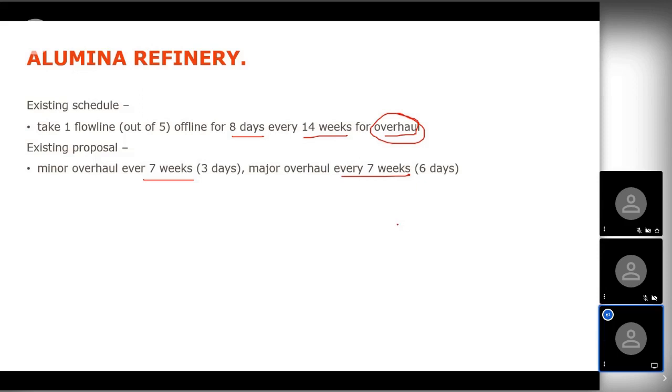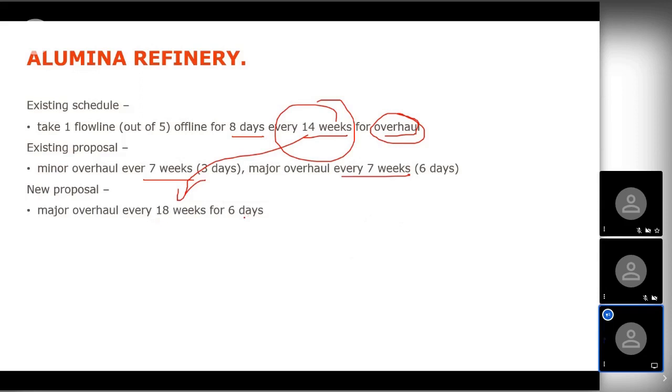Waste of time. It's unlikely that was going to happen or have an effect. So what I did is the same process. I got everything together, I got a team in place, and we reviewed it based on the information we had. The new proposal was actually to go from 14 to 18, to go from 8 to 6.